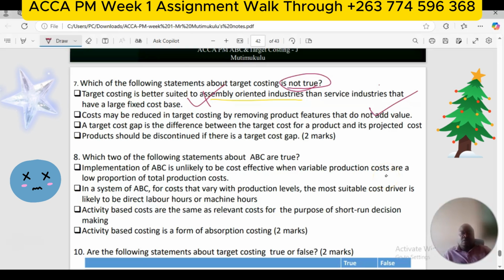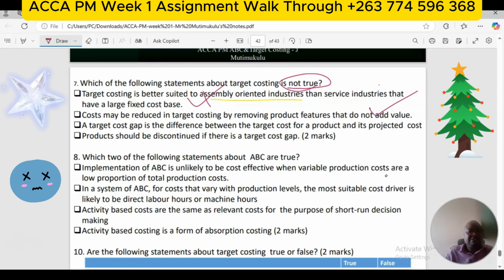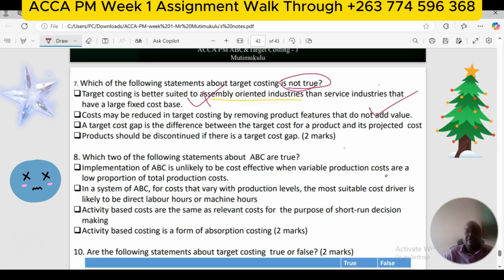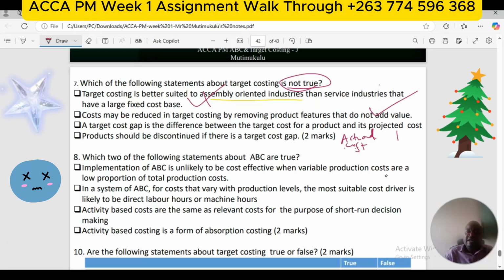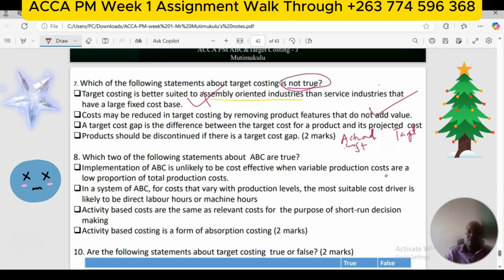Okay, so we are simply saying there are two costs. Okay, there is what is called actual cost, so actual cost and target cost.